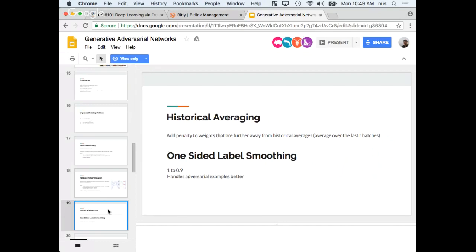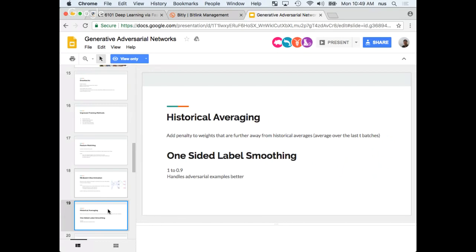The other few techniques that they use are historical averaging and one-sided label smoothing. Historical averaging is basically penalizing the network for assigning weights which are further away from the averages of what they used to be. One-sided label smoothing is, instead of having hard values of 0 and 1, saying this is definitely real and this is definitely fake, you smooth it out and say it's 0.9 instead of 1, to say that it's not entirely sure.